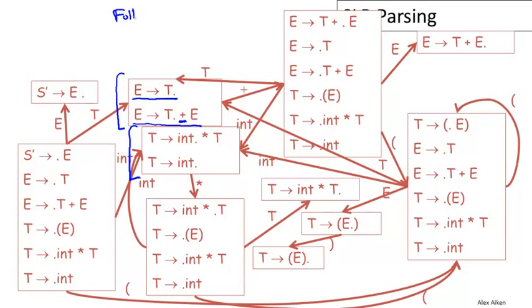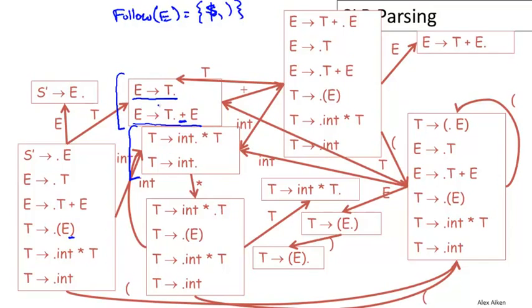And what is the follow of E? We computed it a long time ago, but just to remind you, E here is the original start symbol of the grammar, so certainly $ will wind up in the follow of E. The other possibility is closed paren, because at this point in the grammar, closed paren comes right after E. Those are the only two possibilities.